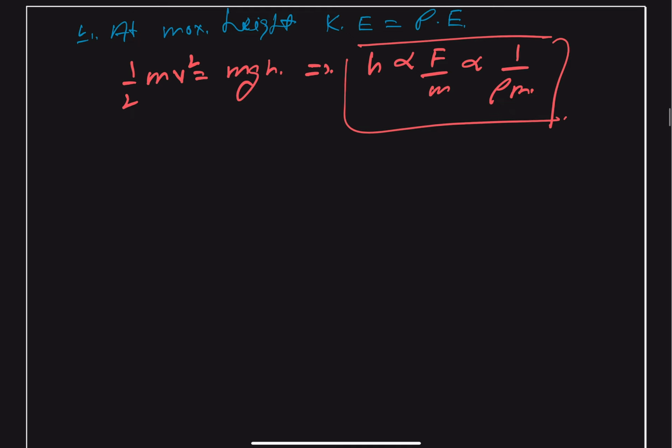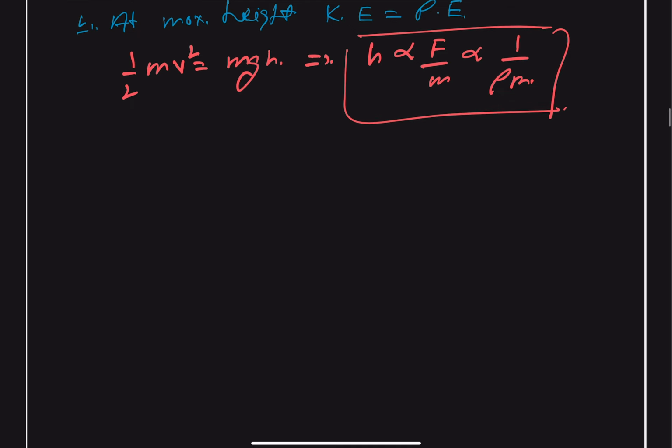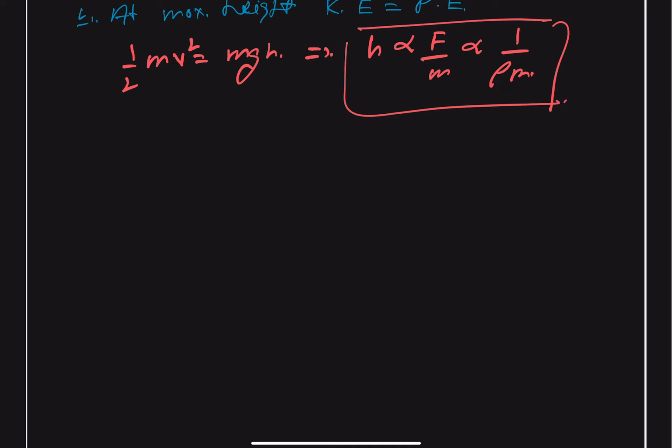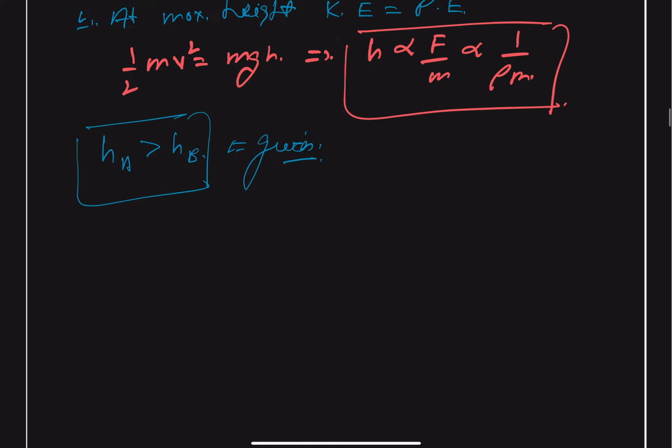And we are given that HA is greater than HB. This is given to us. Therefore, we can divide this equation number 1 into two parts.